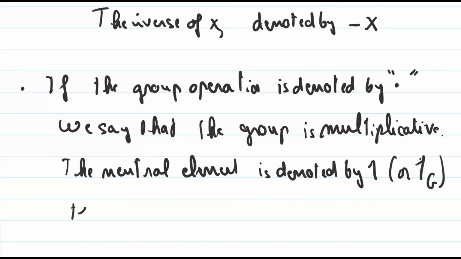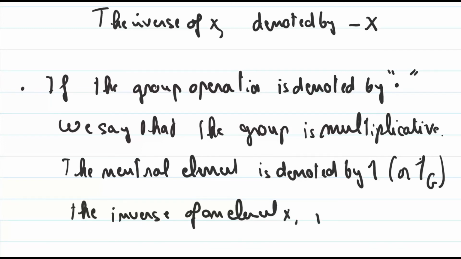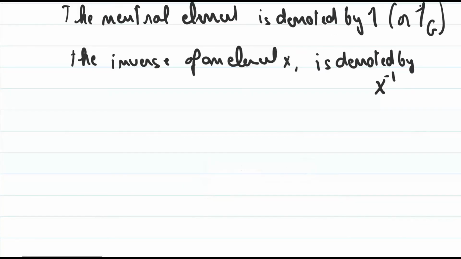The inverse of an element is denoted by x to the power negative 1, like the usual notation. Above, I forgot to say that for the additive case, the notation for the neutral element is 0, or 0 index G, if there's a confusion on G.